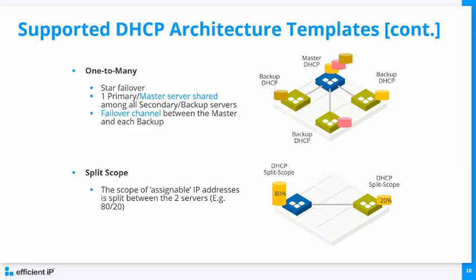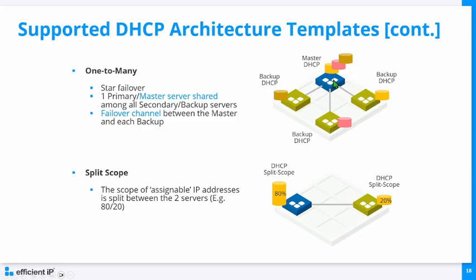One-to-many. So you have the master for site one, the backup of site one, so there is a one-to-one failover channel. Then you have a master for site two and a backup for site two, so there is another one-to-one for site two. Then you also have the master for site three and the backup for site three.